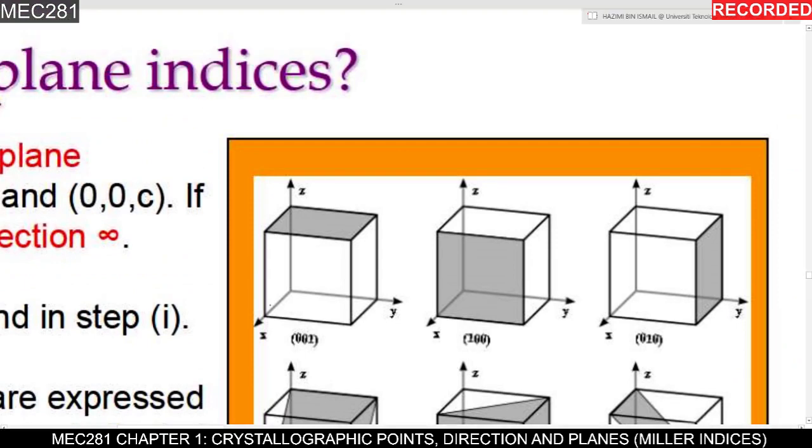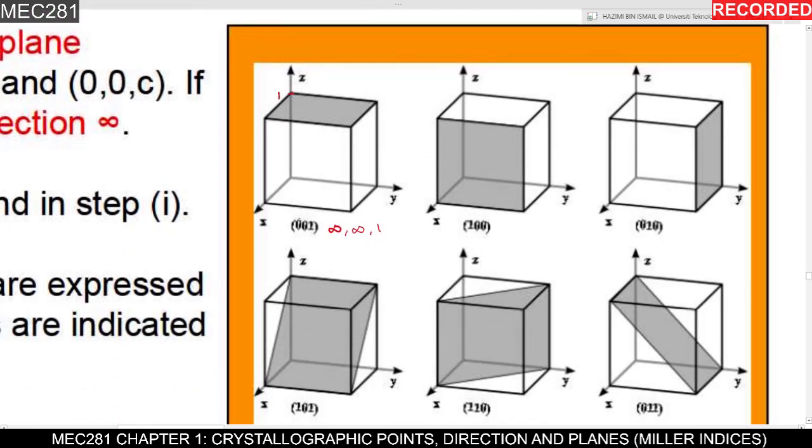On the x-axis, it never intercepts, so it is infinite. And on the y-axis, it also never intercepts, so it is infinite. But for the z-axis, it is set at the value of 1.